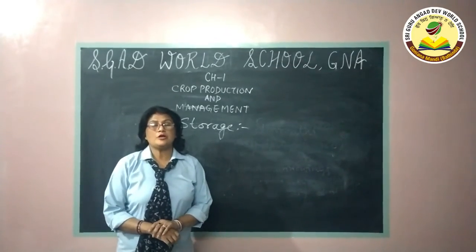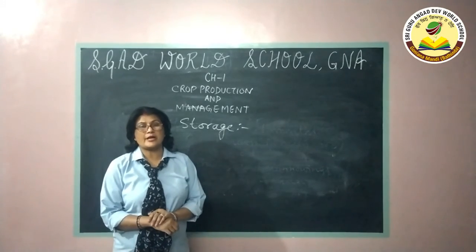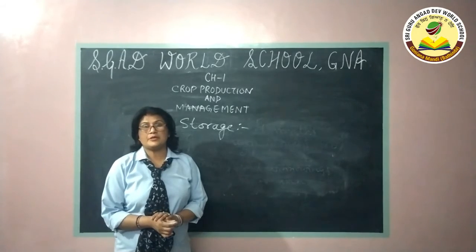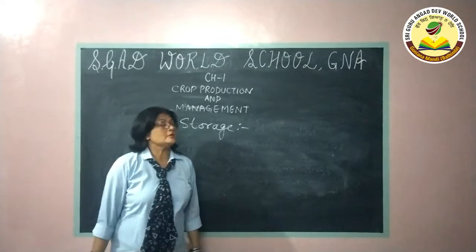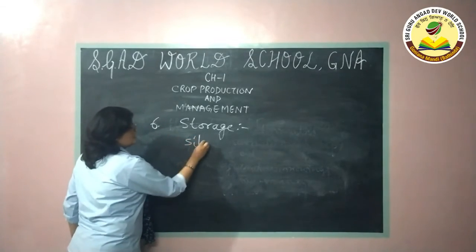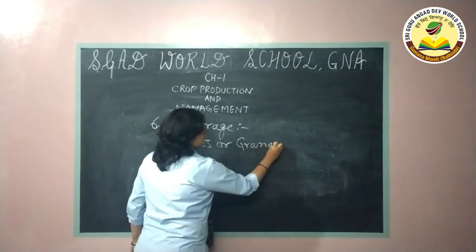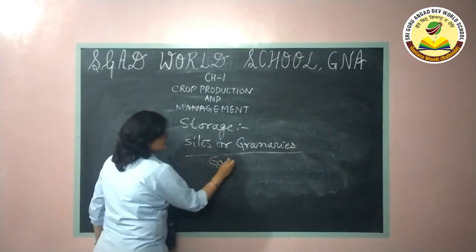So, to avoid all these situations, we have to dry the required crop in proper sunlight and store it in silos or granaries. Sometimes we say godowns.